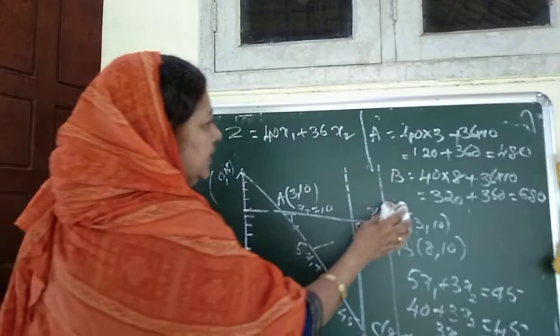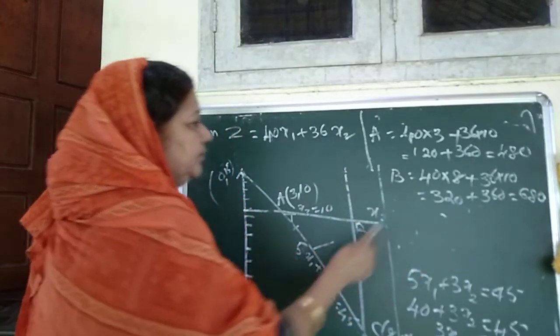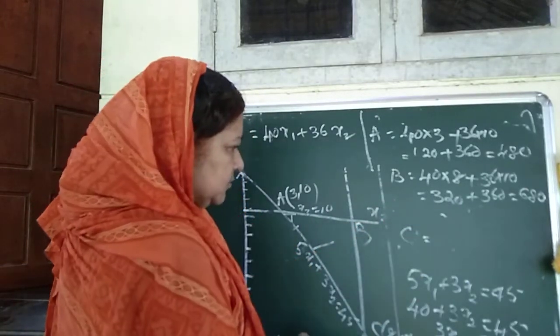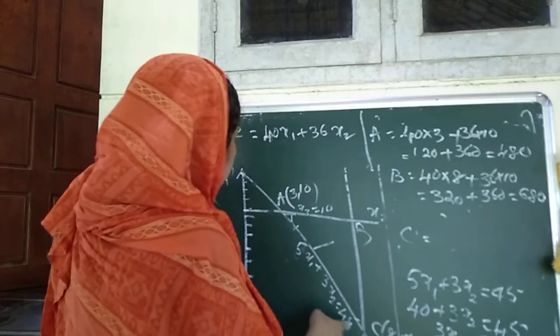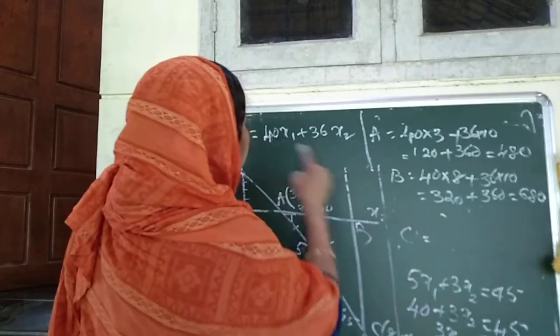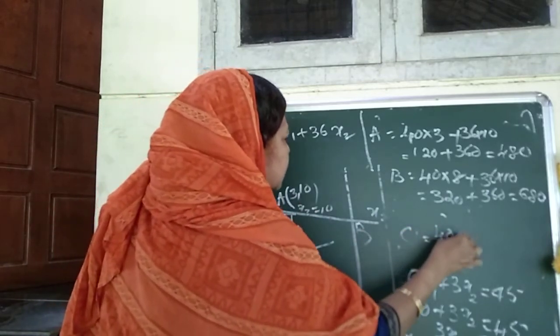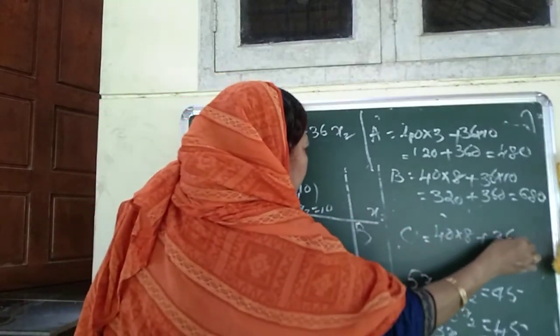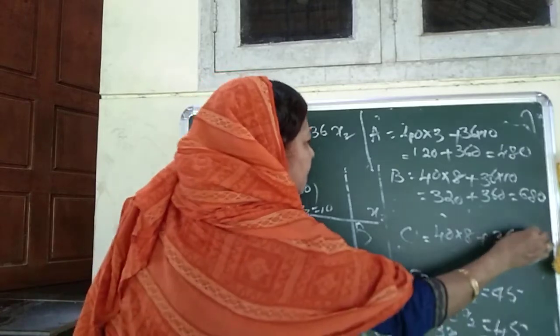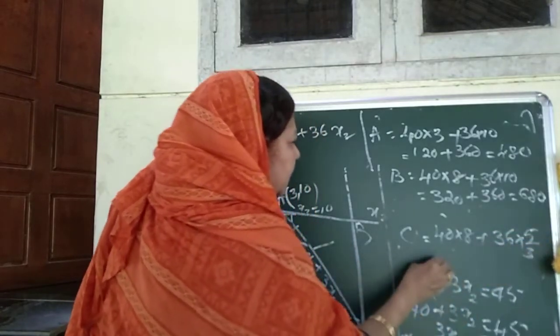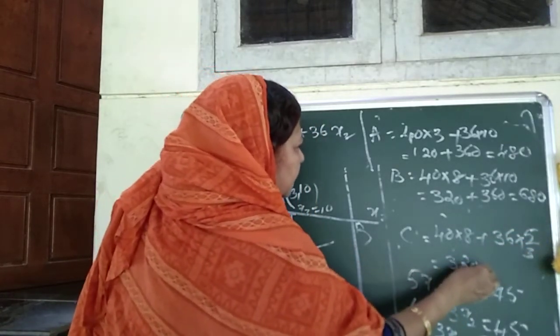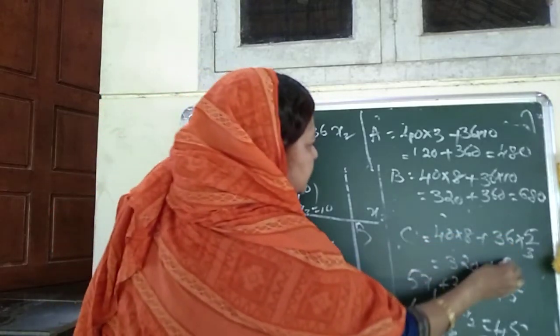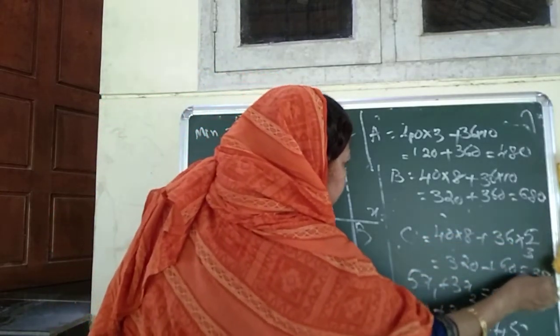Then at C, it is the point 8, 5 by 3. So 40 into 8 plus 36 into 5 by 3 gives 320 plus 60. That is 380.